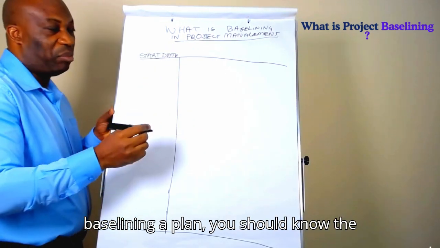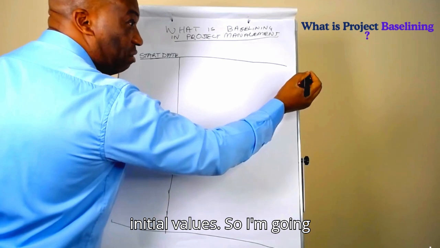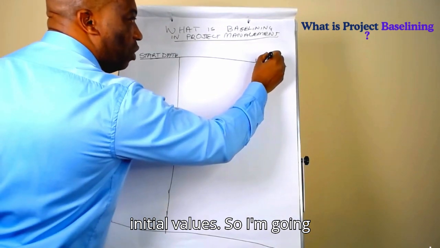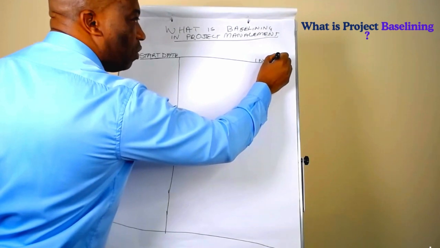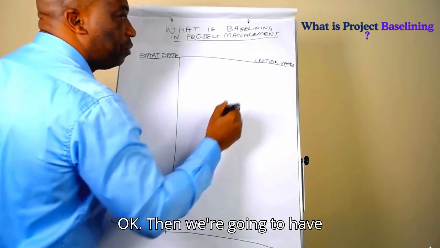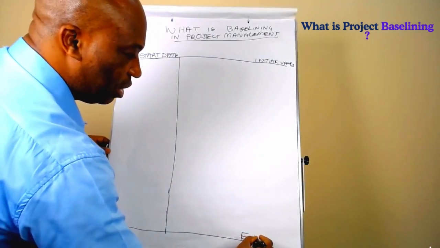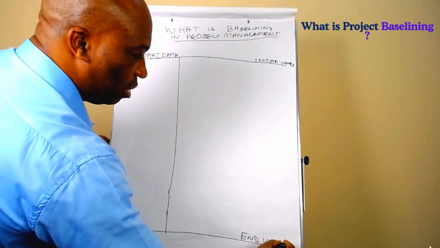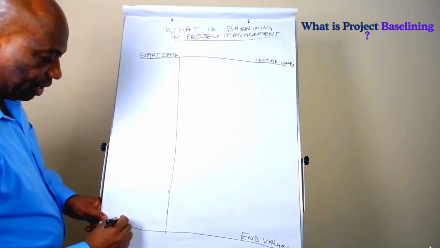When you're baselining a plan, you should know the start date. And we are also going to have initial values. Then we're going to have end values and also end date.